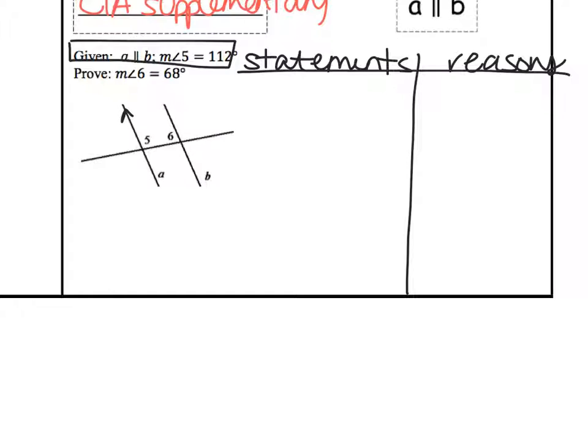A is parallel to B, we can put those little notches. And 5 is 112, you could even write that in. That one is 112. So let's write it down in our proof now. A parallel to B, that's what the two lines mean. And measure of angle 5 equals 112 degrees. That is given to you in this proof.